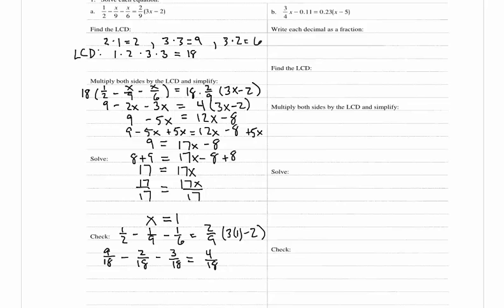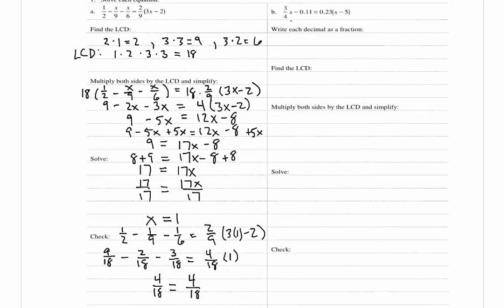And then we have 3 times 1 is 3, and 3 minus 2 is equal to 1. So now we have 9 over 18 minus 2 over 18 is 7 over 18, minus 3 over 18 is 4 over 18. And that equals 4 over 18 times 1 is also 4 over 18. So that tells us that x is equal to 1 is a solution to our equation.